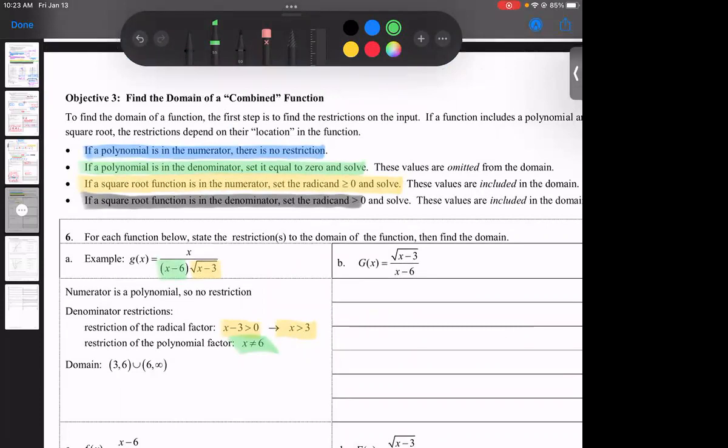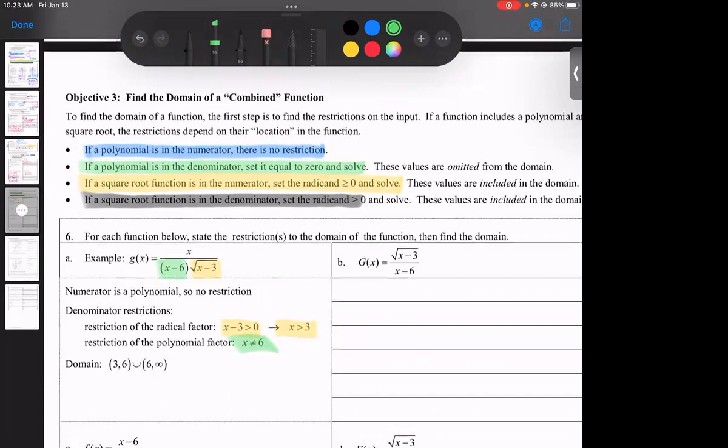All right, 6b, what should I do? What about square root of x minus 3 on the top? What do I set it equal to? Oh, this should be a black, not yellow. Yes, it will be the yellow, right? This will be the yellow because the square root is in the numerator.